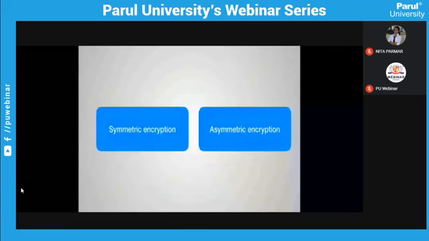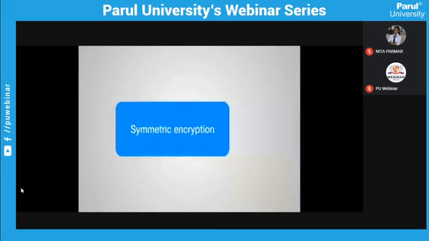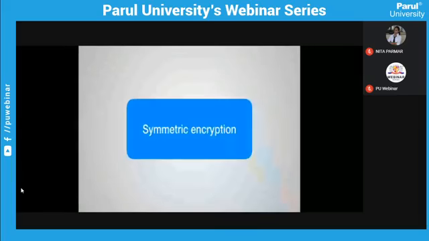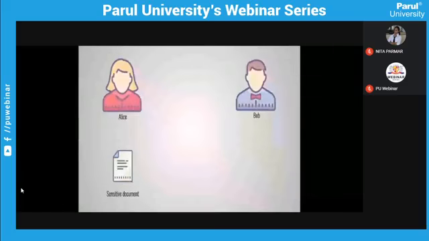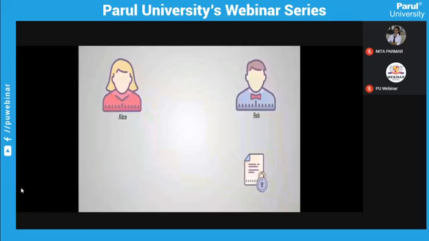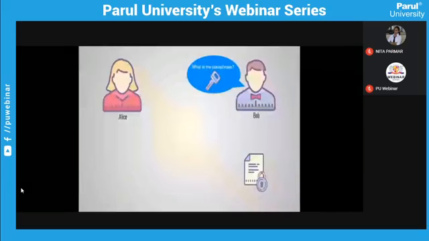As we see, there are two types of encryption: symmetric and asymmetric. In symmetric encryption, suppose the sender is Alice and the receiver is Bob. Alice wants to send a message to Bob, and she will encrypt this message. Now she will send it to Bob, but Bob cannot understand the message because it is ciphertext.